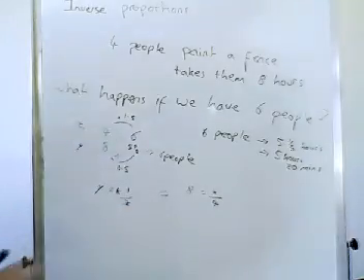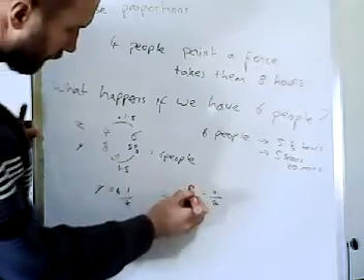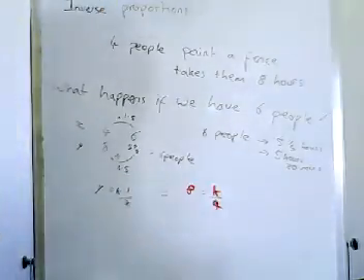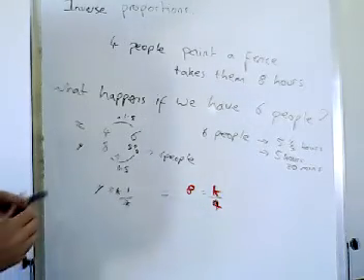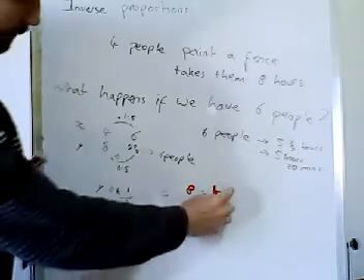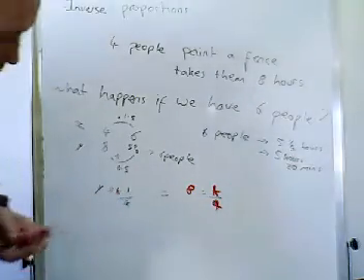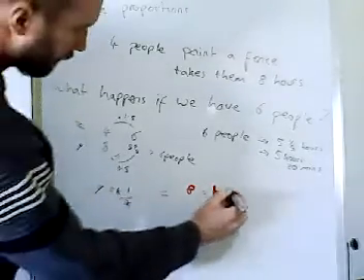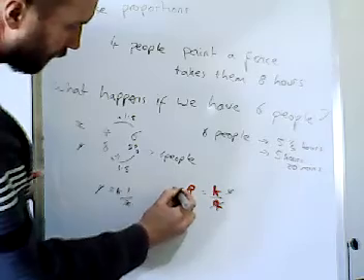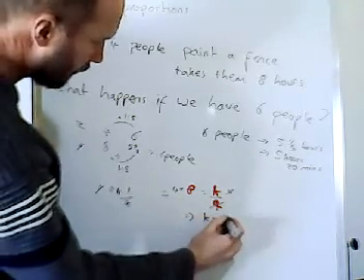Okay, so we ended up with, we do this in the red, I think it's clearer. 8 equals k over 4. Okay, so to work out what k is here, we times both by 4. So we times that, I hope you understand this. So we times that by 4, that cancels that out, and we times this by 4. So therefore, k equals 32.